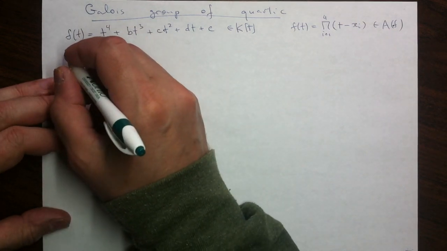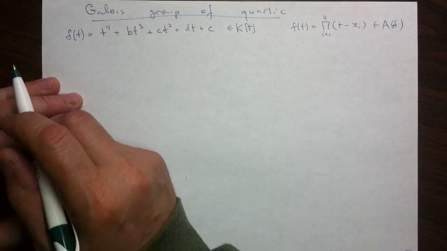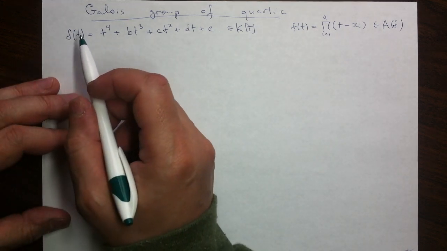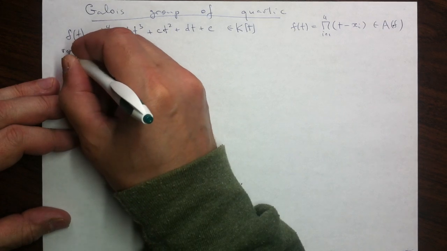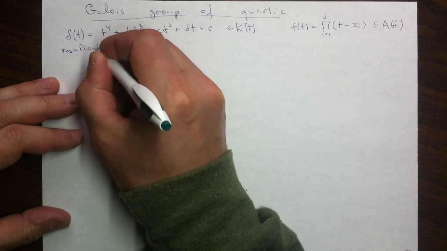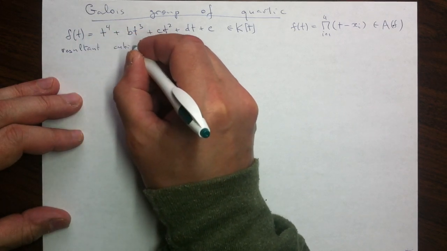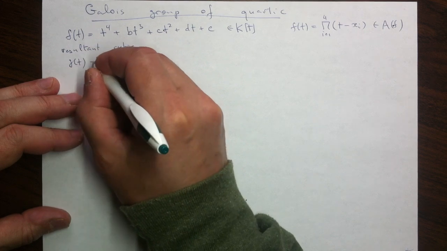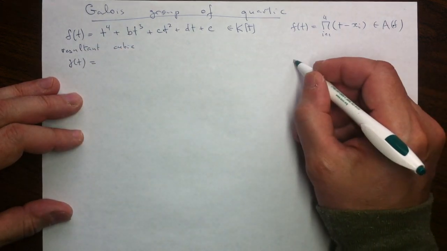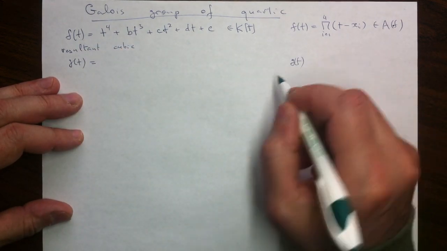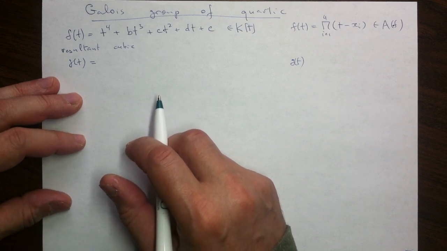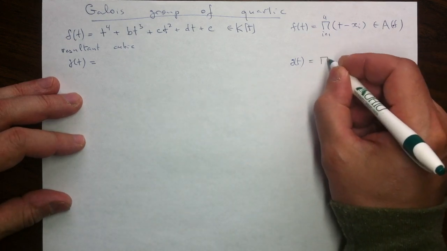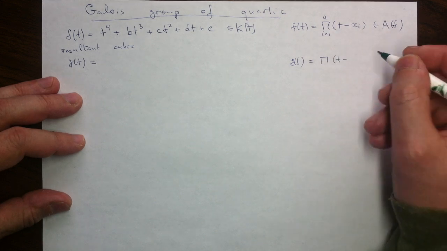And what we can do in degree 4 is we can turn this polynomial into something which is of degree 3, called the resultant cubic. And again, it's easier to say what is the complete factorization in the corresponding splitting algebra.